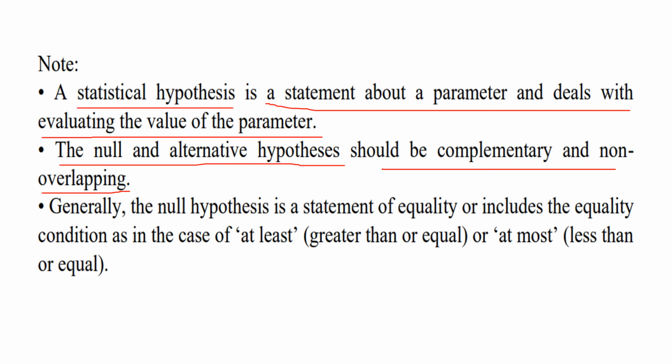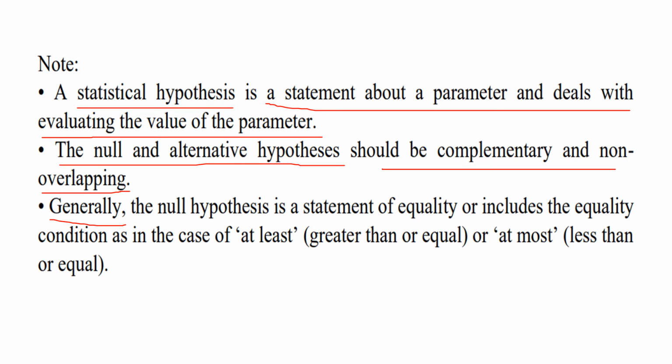It should be complementary and non-overlapping. The difference is the symbols or the words that we use. As long as your statement represents an equality, that will be your null hypothesis. As long as your statement does not represent an equality, then that will be your alternative. And it's automatic that your alternative hypothesis is totally opposite of your null hypothesis.